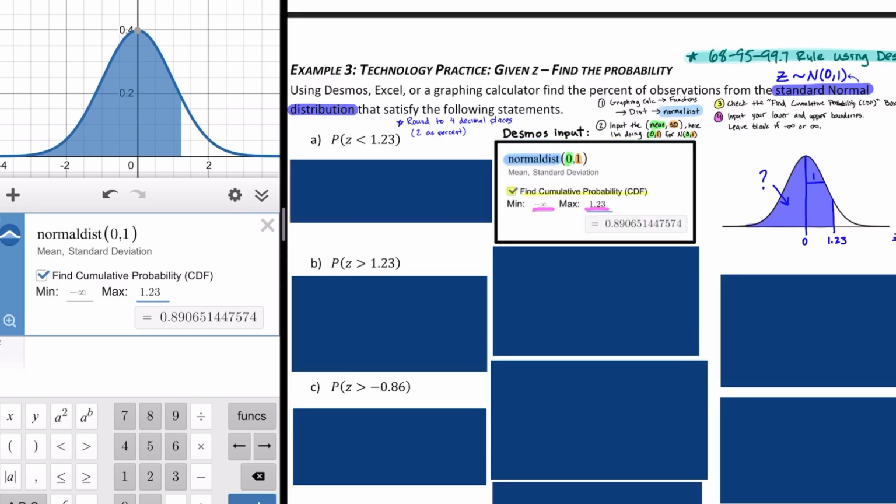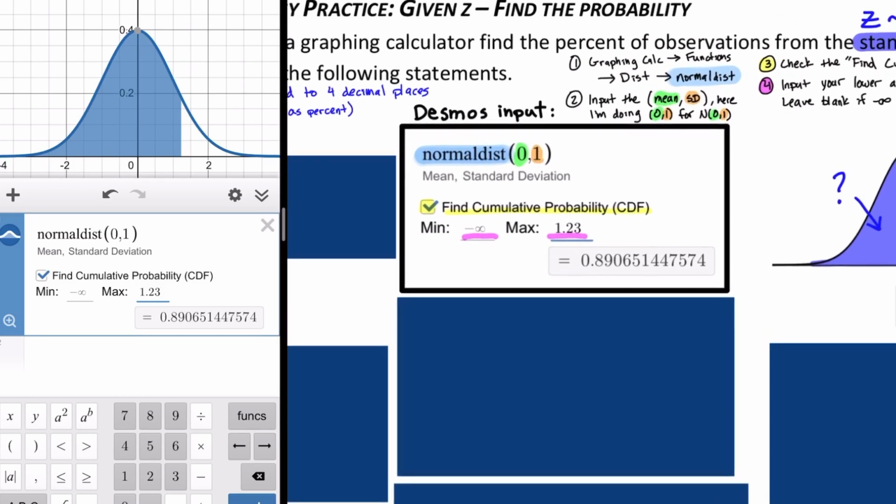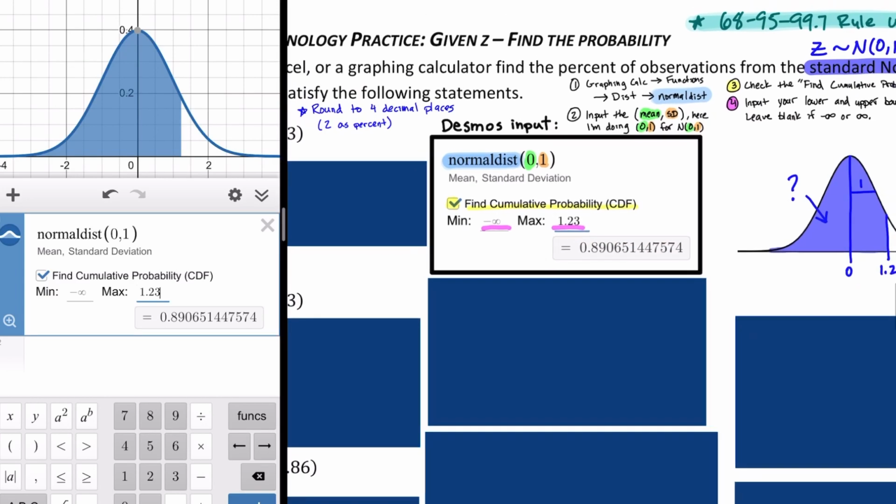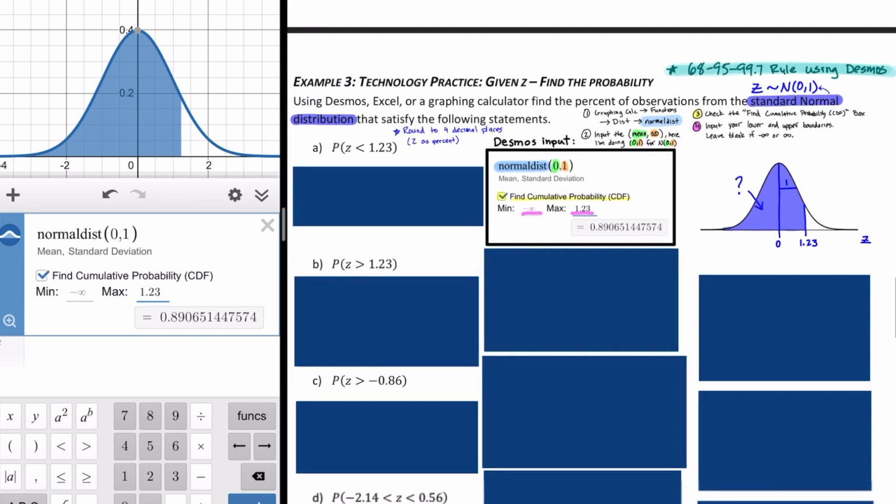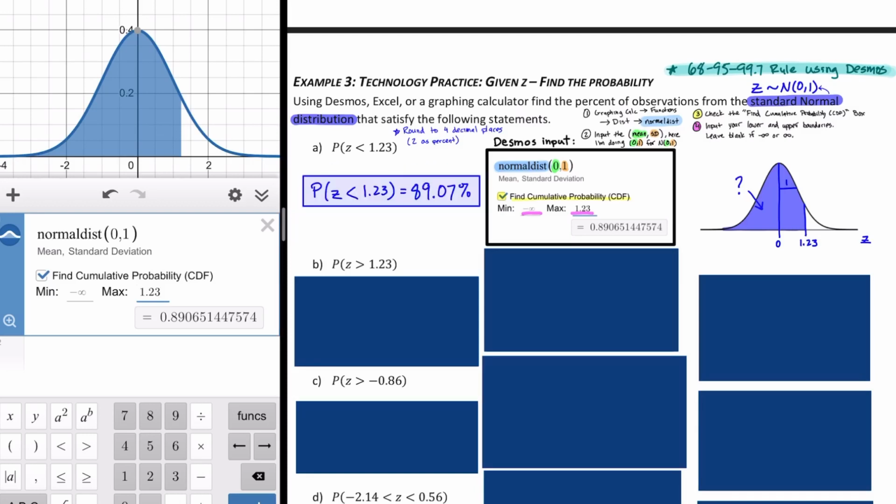And in your notes, I already have included the entry of what it's going to look like. So this is our answer, 0.89065. I have a note here that says to round to 4 decimal places, and I've color-coded this box with our directions here. So then just as a final answer, the probability that z is less than 1.23 is 89.07%.